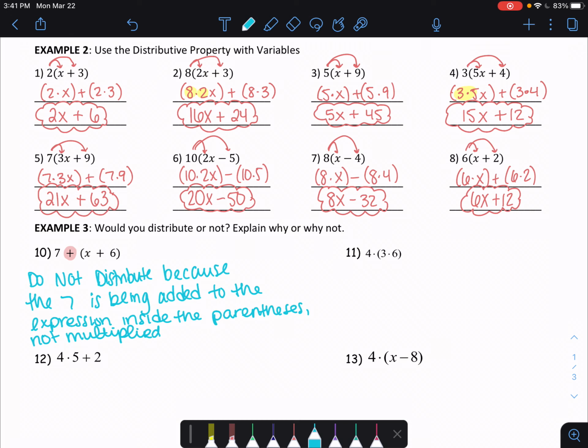Okay, in number 11, we have the multiplication symbol in between the parentheses and the number, but inside the parentheses, those are also being multiplied. So I'm not going to distribute here either.